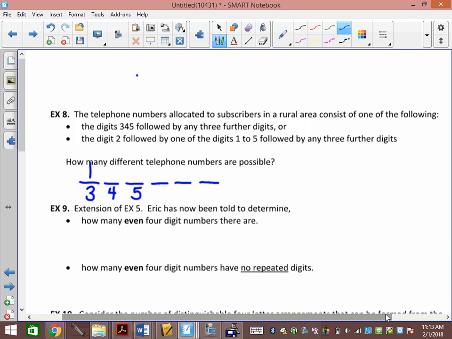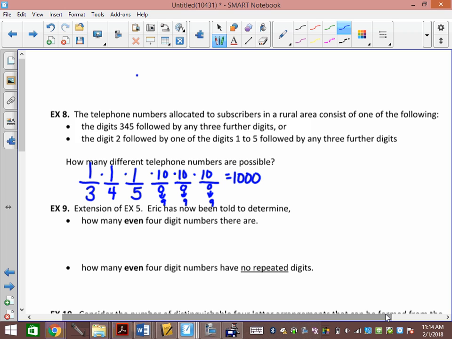It's number 4. How many options for this one? 1. Any restrictions on those last 3, like they can't repeat, or one has to end in a 5, or has to be odd, or anything? No. So what options do I have when there's no restrictions? 10, because I have 0 to 9. So I have 1,000 options for my first option.